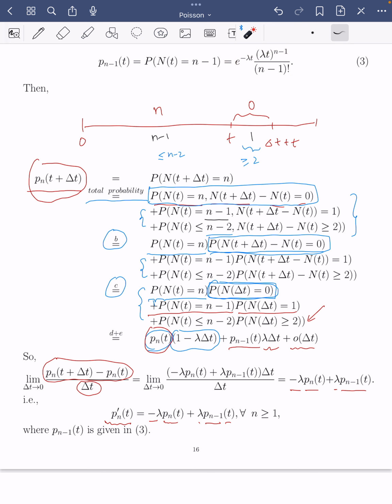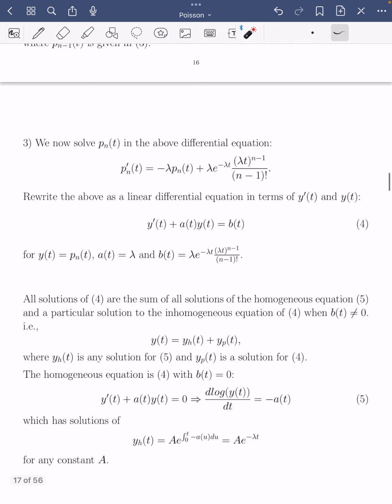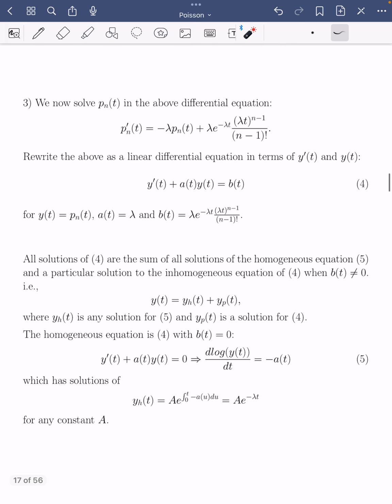All right. So now we are trying to solve the differential equation as this. And we can treat this differential equation as a so-called linear differential equation, in terms of the derivative of y(t), also y(t).